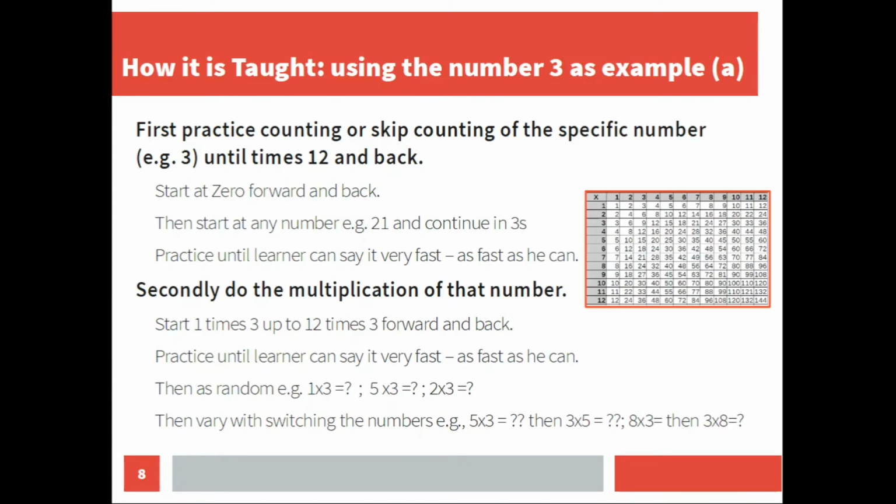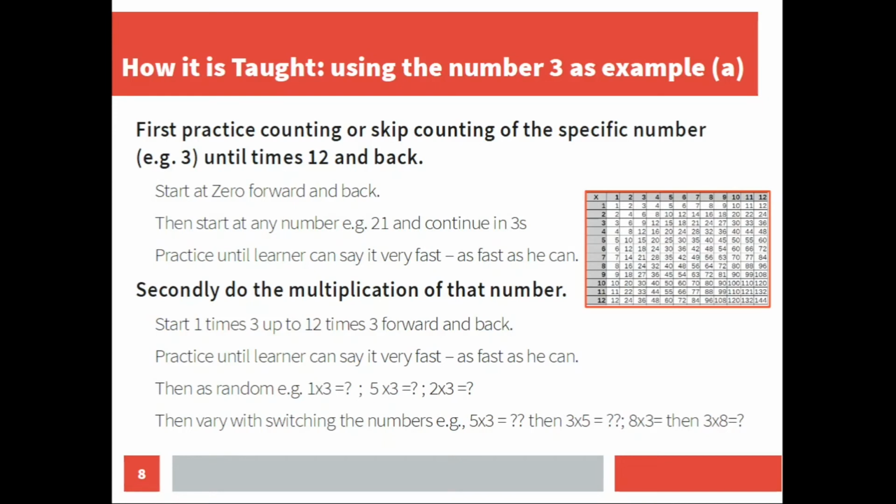Thereafter, start the multiplication, until the child is very good at knowing the numbers forward and back. 3, 6, 9, 12, 15, 18, as fast as you can say. And then from 36 backwards, 36, 33, 30, 27, 24. As fast as possible. Thereafter, you start with the multiplication as a number.